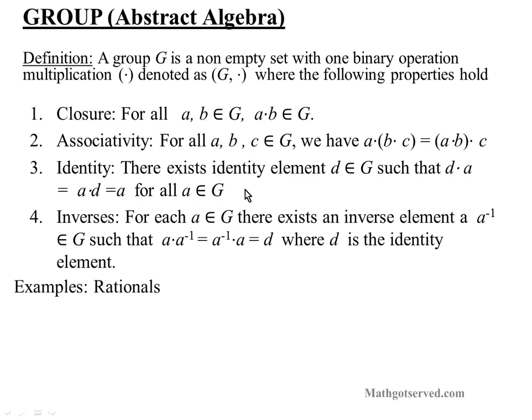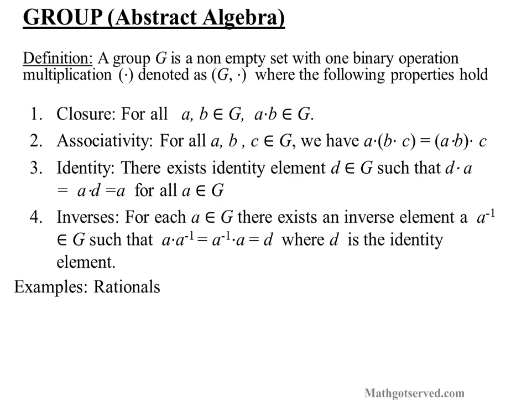All right? And the identity element of the rational numbers, think about 1, for example. If you multiply any rational number by 1, what do you get? You end up with that rational number. So in the set of rationals, 1 is the identity element. How about inverses? That's simply the reciprocal, right?